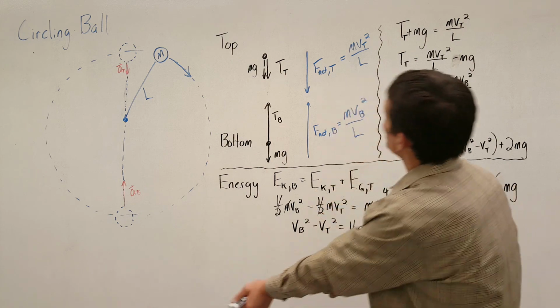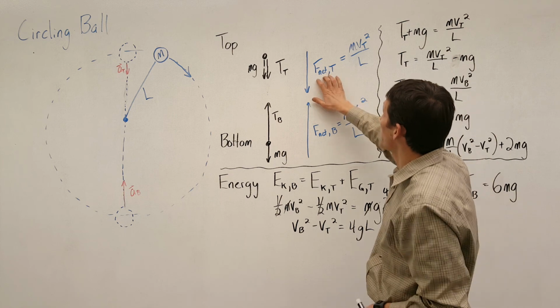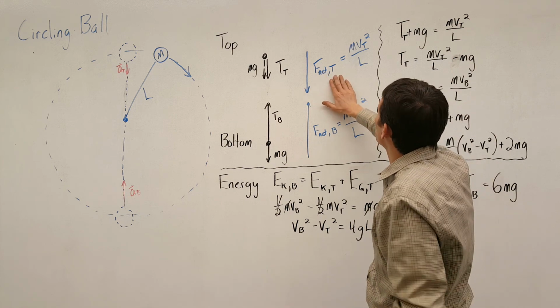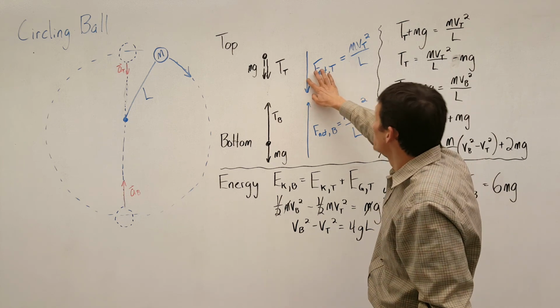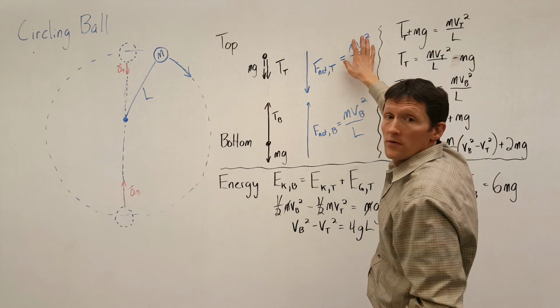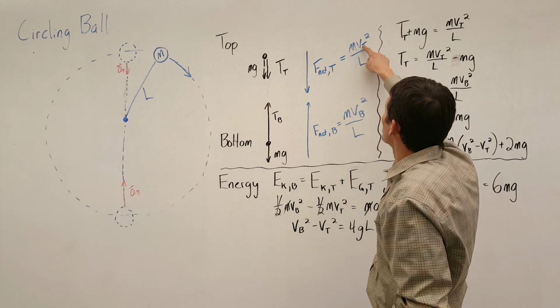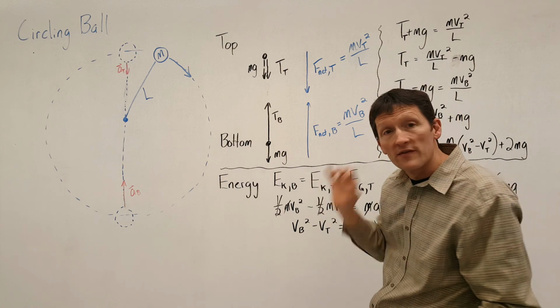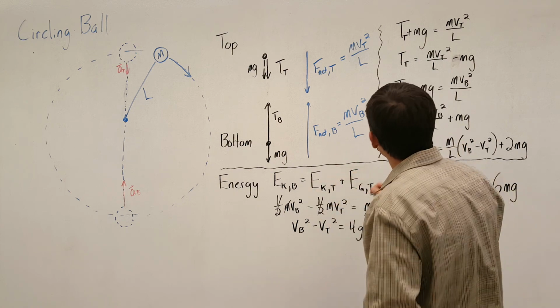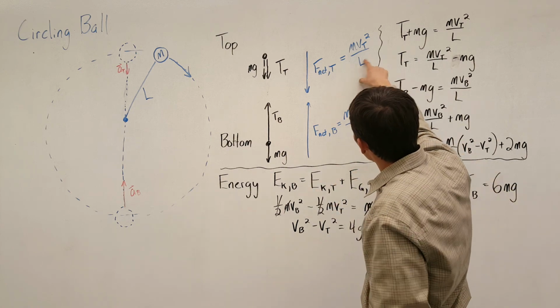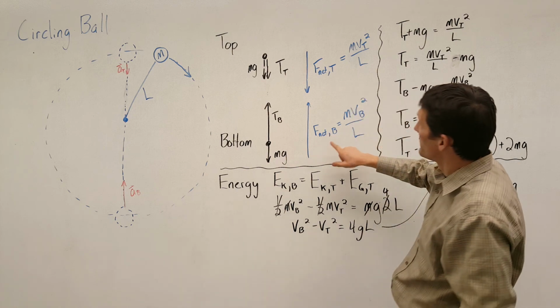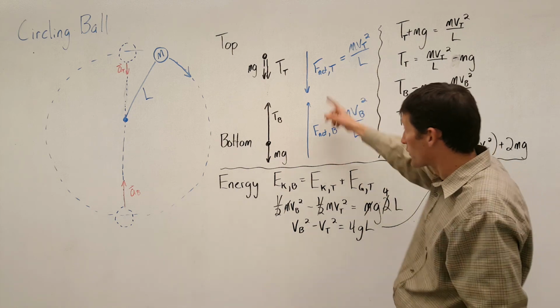So all that tells me that at the top, the net force is going to be downward, and it's going to be equal to the mass of the ball times the speed of the ball at the top squared, divided by the length of the string. And then similarly, at the bottom, the net force will be upward.